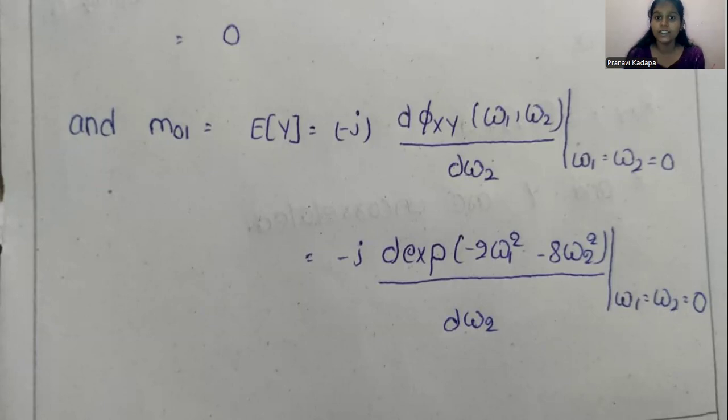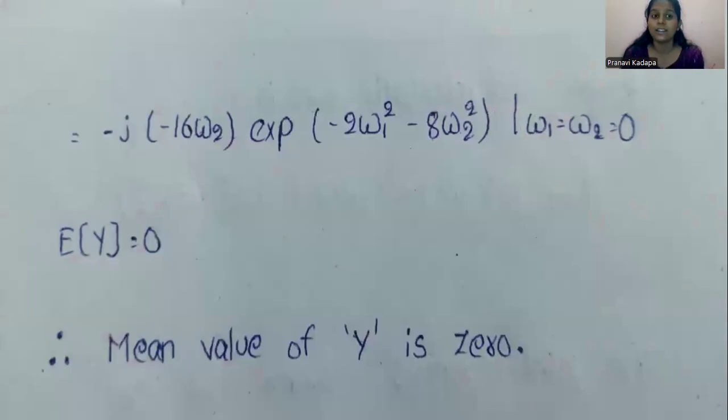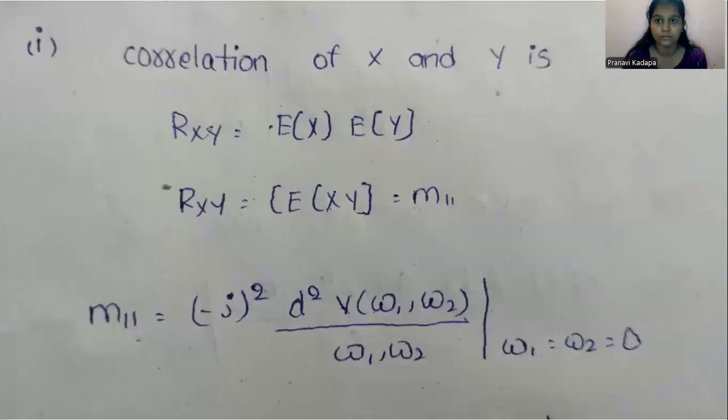By differentiating the given characteristic function, we get minus j into minus 16 omega 2 into exponential of minus 2 omega 1 squared minus 8 omega 2 squared, where omega 1 and omega 2 equal 0. Then the expectation of Y becomes 0. Here the mean value of Y is also 0 and X is also 0.